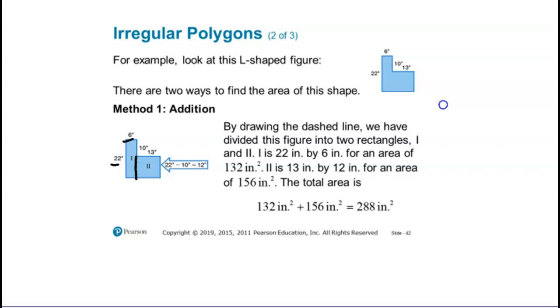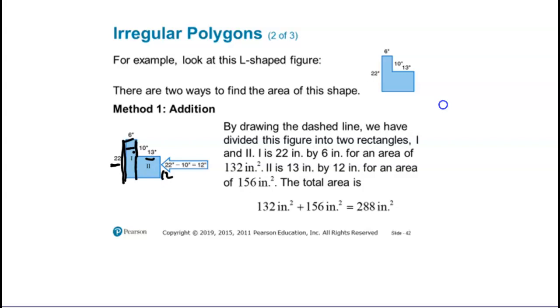And then we see for rectangle 2, it's 13 times, well, not really sure of what this side is, but we do see that this side over here is, since the full length is 22, and this part right across from it is 10 feet. We can say, okay, off of the 22 feet here, we take 10 feet off, which leaves us with 12 feet over here.